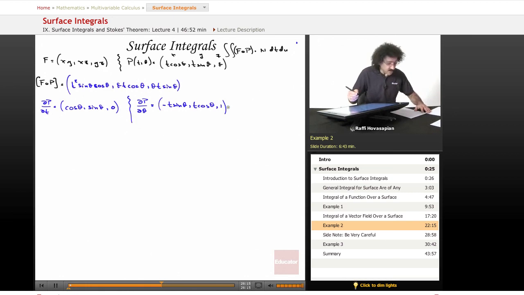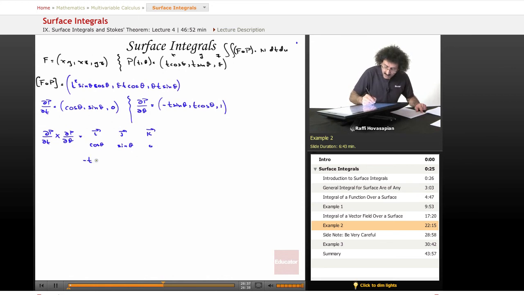Now of course I have to form the cross product of these two because that's going to give me n. So dp dt cross dp d theta is going to be my symbolic determinant. So I've got cos theta, sine theta, 0, minus t sine theta, t cos theta, and 1.